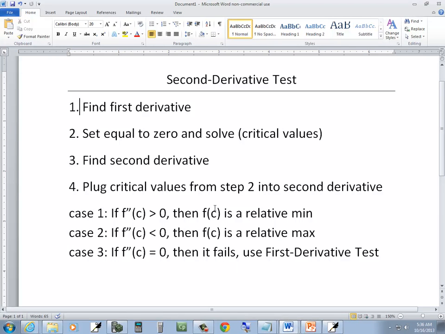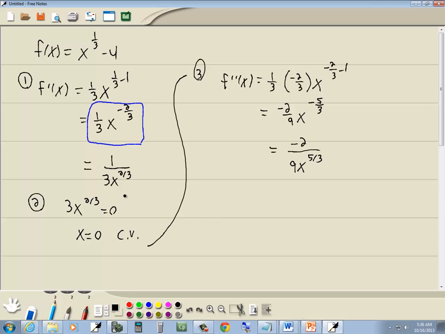Now it says plug in your critical values from step 2 into the second derivative. The critical value is 0. If I put 0 in here, we get 0 to the 5/3 power, which is 0, times 9, which is 0, so we get a 0 in the denominator. F double prime is undefined, so it fails.